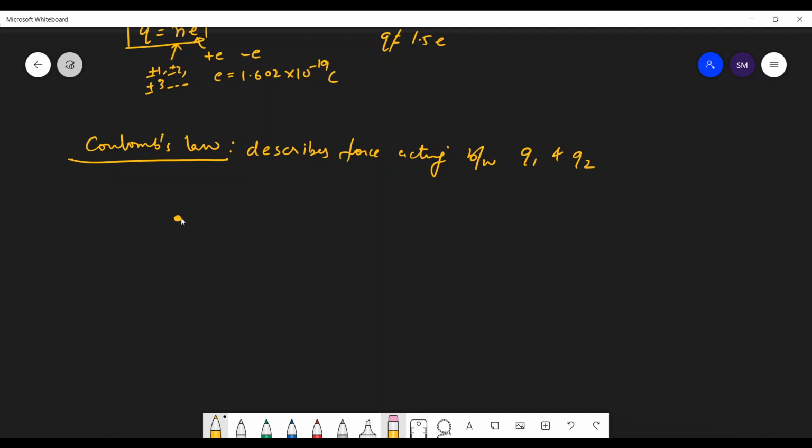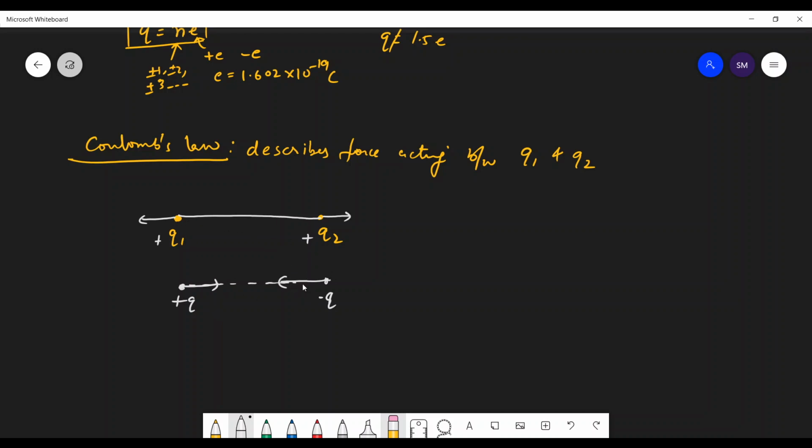So we have charge Q1 over here and another charge Q2 over here. If the charges are the same, we know that they repel each other, so they will move away from each other. And if the charges are opposite, this is negative Q, this is positive Q, they will attract each other along the line joining them.